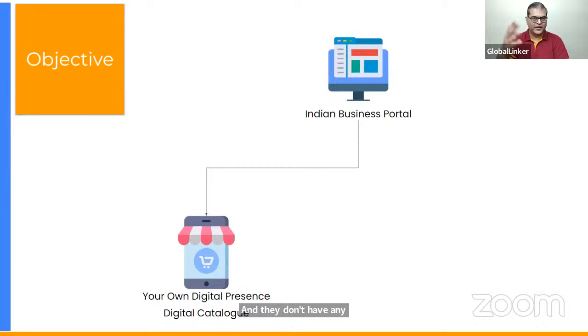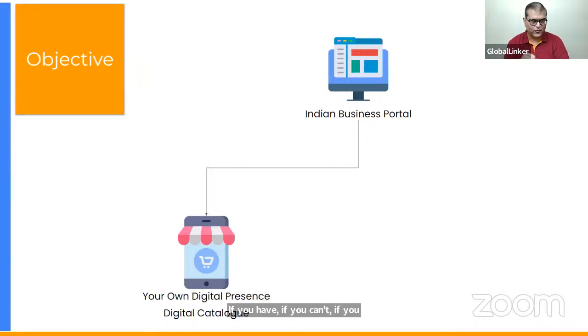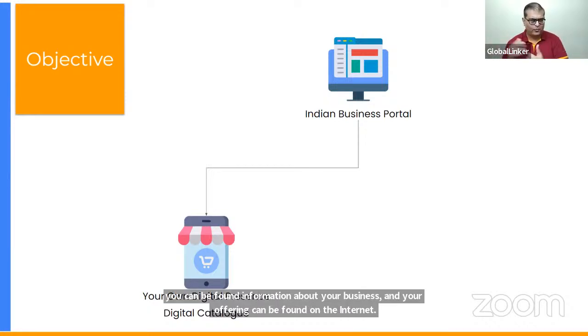Digital presence means that if someone is searching for you, you can be found on the internet. It is not necessary that you have a website and only then can you say you have a digital presence. If information about your business and your offering can be found on the internet, then you have a digital presence, whatever form it may be.